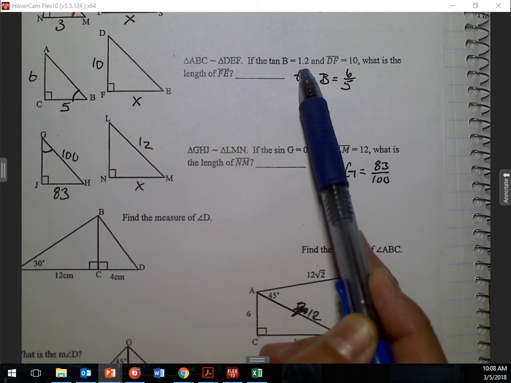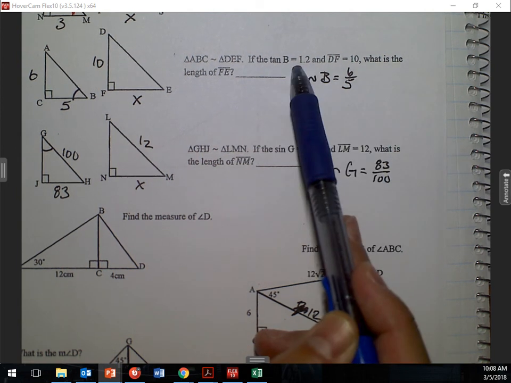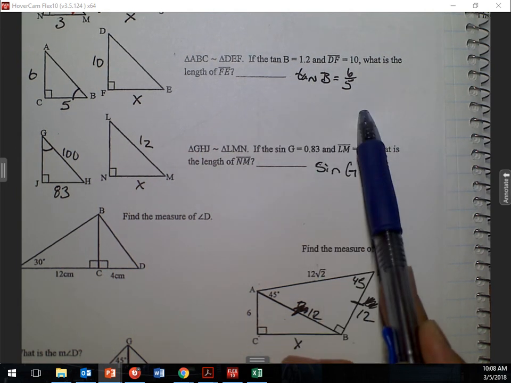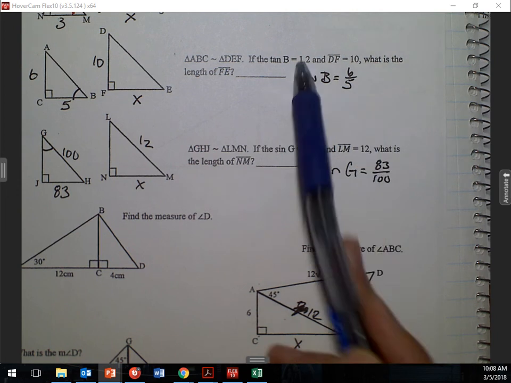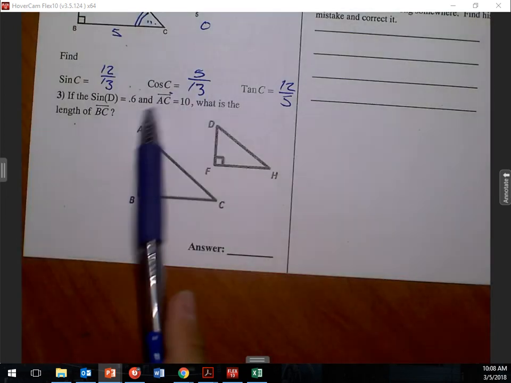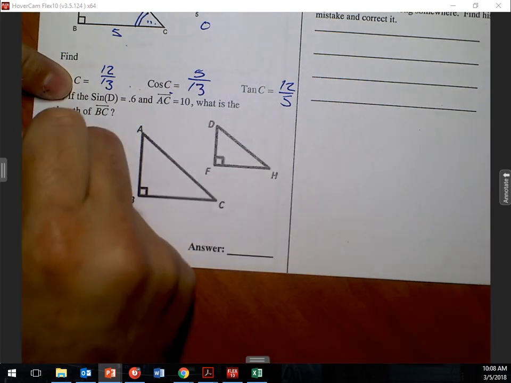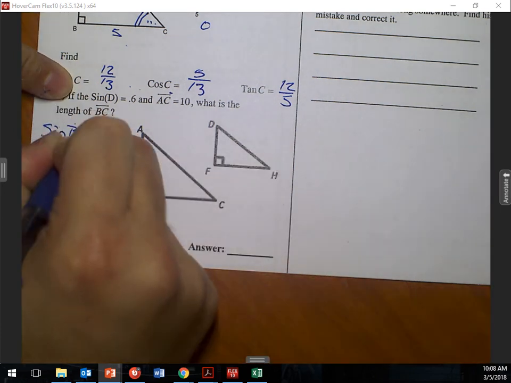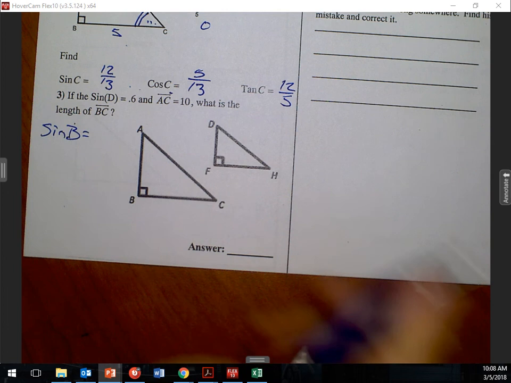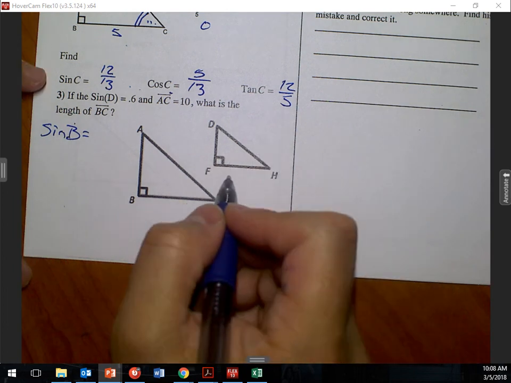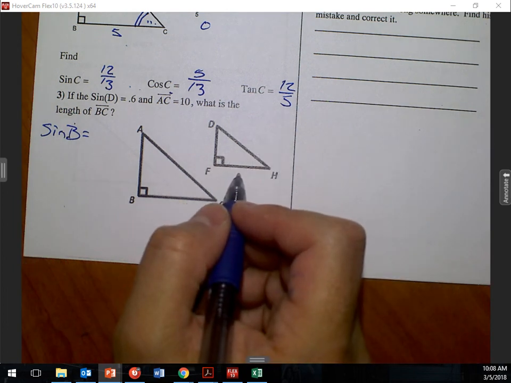Convert it to a fraction. Very good. So take your decimal and convert it to a fraction. Please everyone do that right now for this problem right here. So sine of D is equal to, what is that as a fraction? 6 over 10, or if you did it on the calculator, you come up with what?